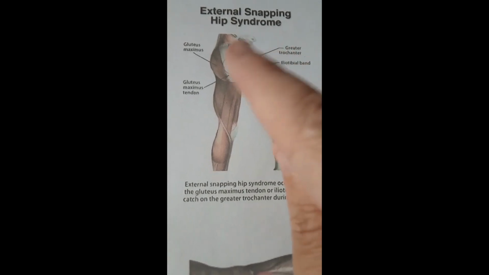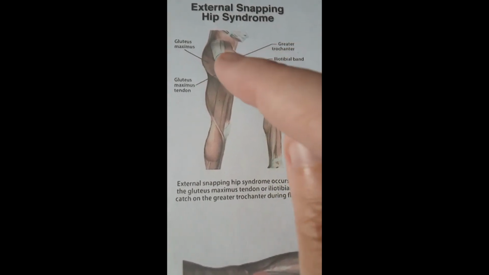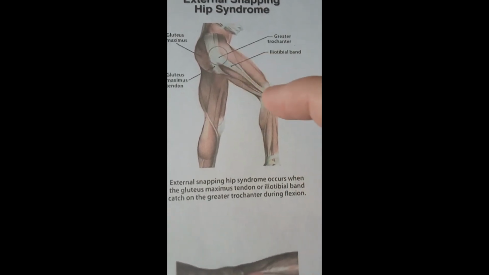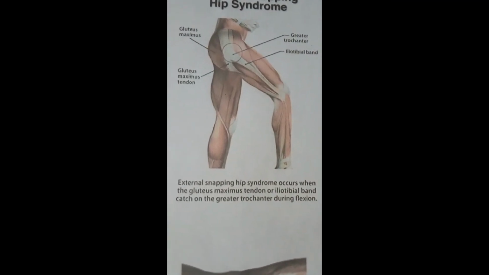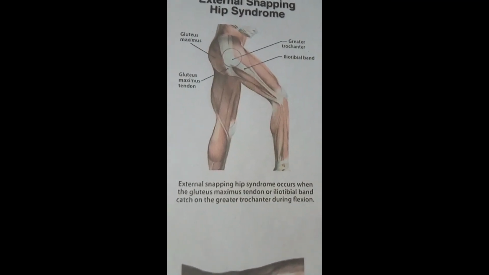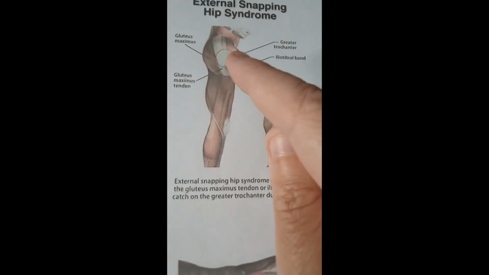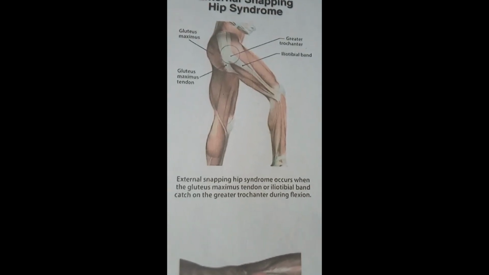So external snapping hip occurs when the gluteus maximus, up here, where the tendon or the iliotibial band catch on the greater trochanter, which is part of that bone up at the top of the thigh bone, during flexion.